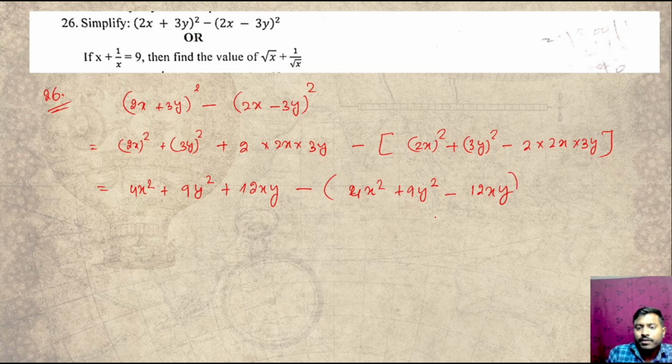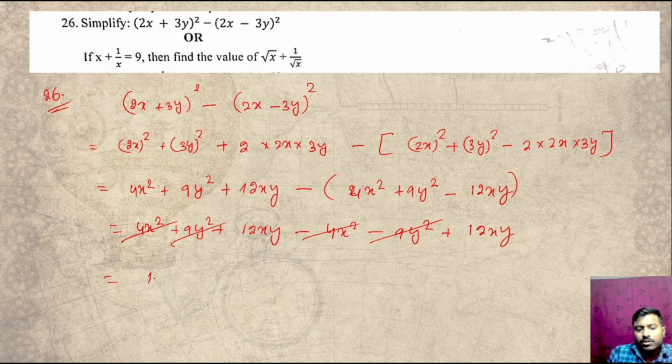Now open the bracket, that is 4x square plus 9y square plus 12xy minus 4x square minus 9y square plus 12xy. Now cancel, equals 12xy plus 12xy is equal to 24xy. Clear? Next.